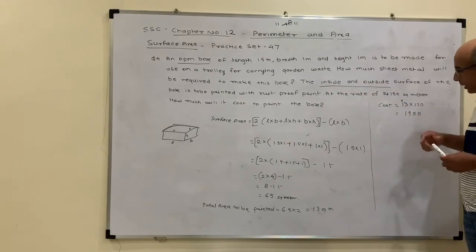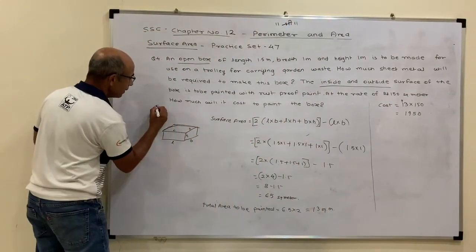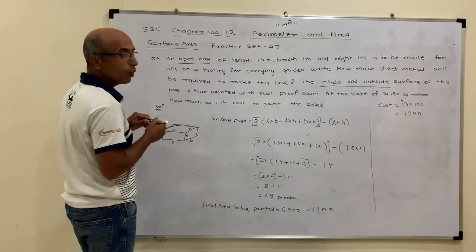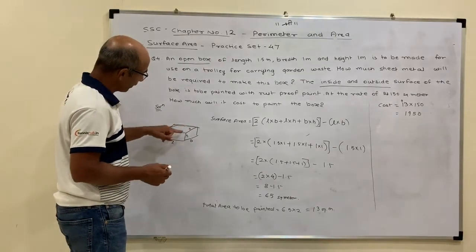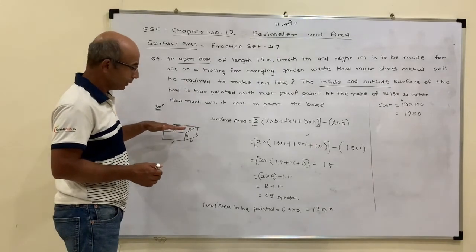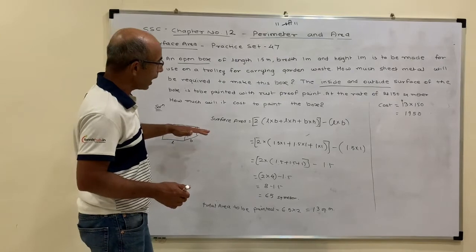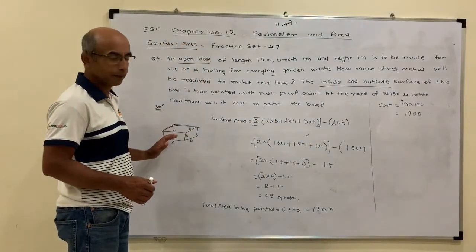So total, see what I have done, I will re-explain this thing to you here. First, we need to understand the box is an open box. So the one surface is not there. Yeah. So we need to consider that. So for that, what I have done, I have written my standard formula where this surface is cuboid.